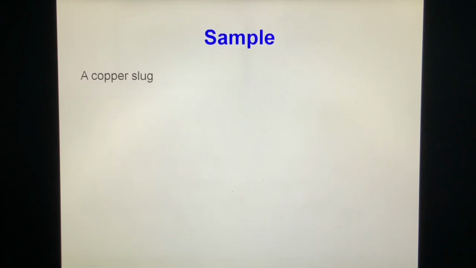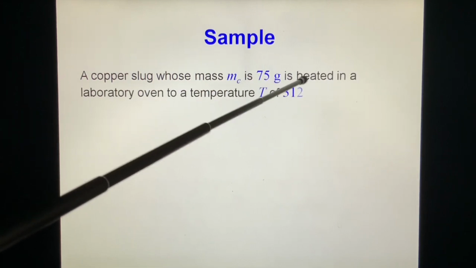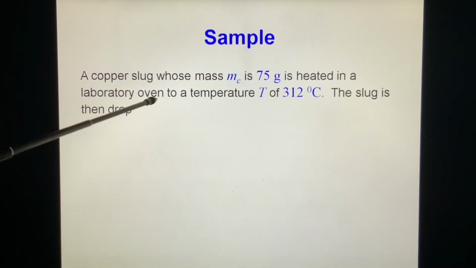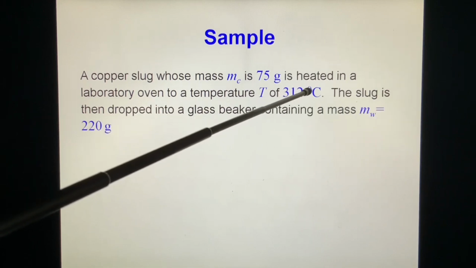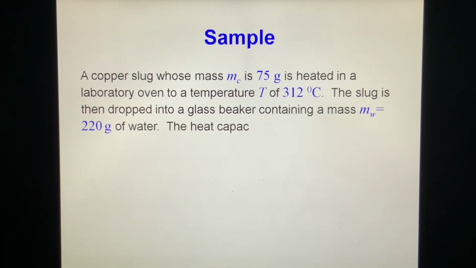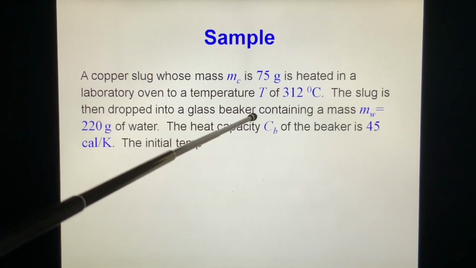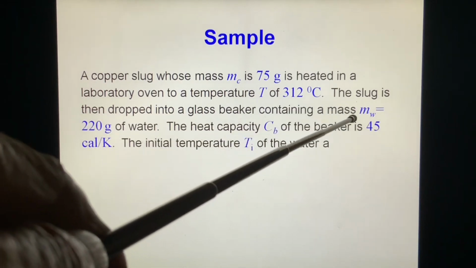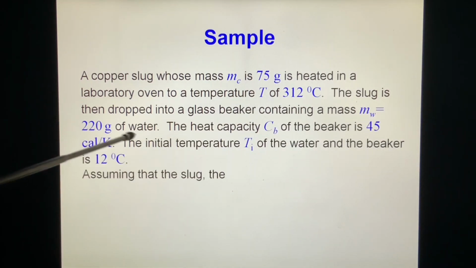Sample. A copper slug whose mass M_C is 75 grams is heated in a laboratory oven to a temperature T of 312 degrees Celsius. The slug is then dropped into a glass beaker containing a mass M of water, 220 grams of water.